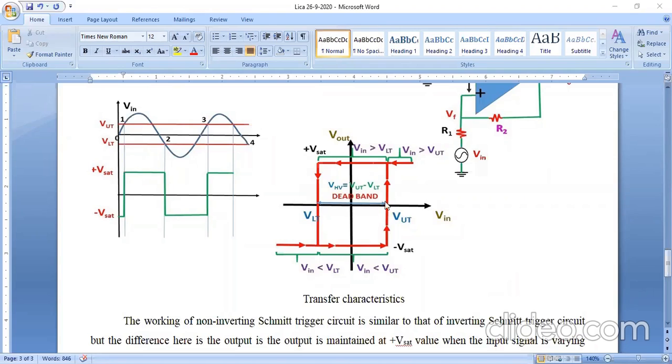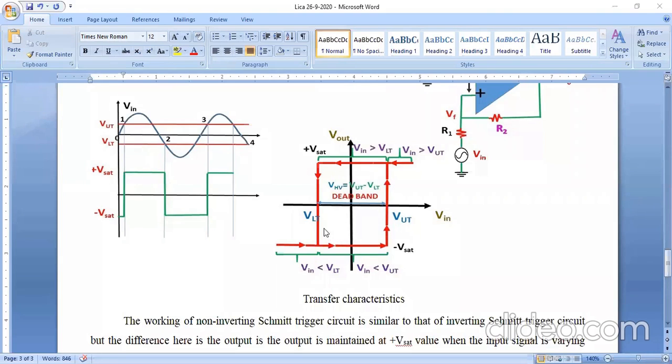At the instant of upper threshold voltage, the input voltage is varying from 0 to the upper threshold voltage, then upper threshold voltage to maximum, maximum back to the upper threshold voltage, and upper threshold voltage to 0 again.